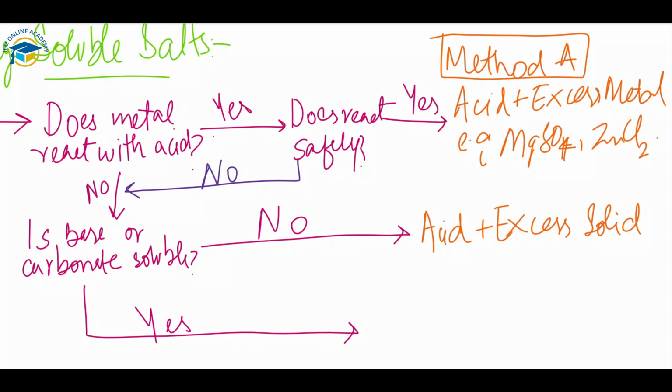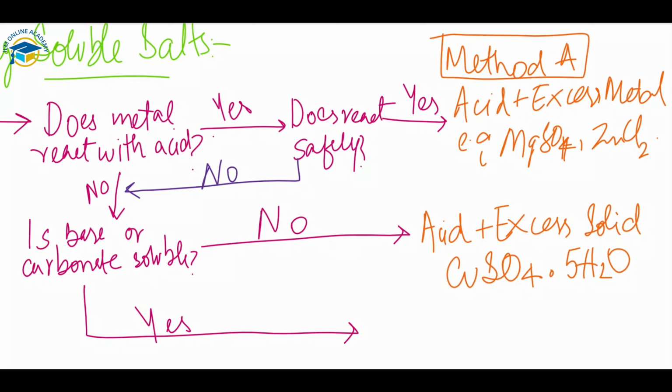So you can use a base or carbonate which is soluble. If not, then you can add the acid plus the excess solid, and you can also do the filtration. So you can prepare copper sulfate from this process, which also has water of crystallization, H2O.